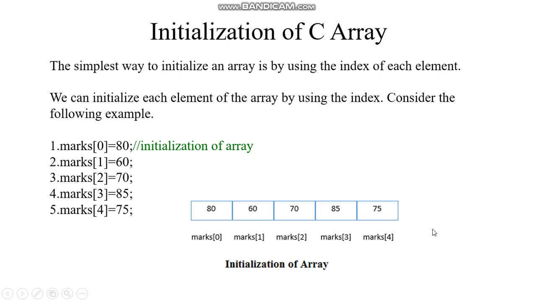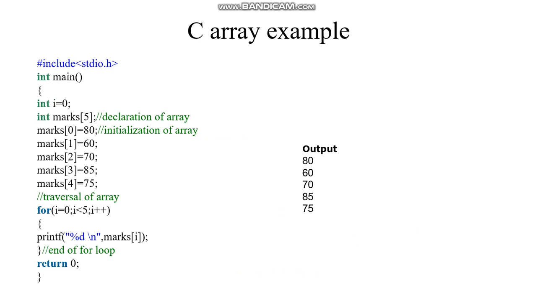This is one way of initializing a C array. An example program is given here. Here I is initialized to 0, and marks of 5, totally 5 elements, we are going to store. We initialize all the 5 values, then using a single printf statement in the for loop, we can print all the values.